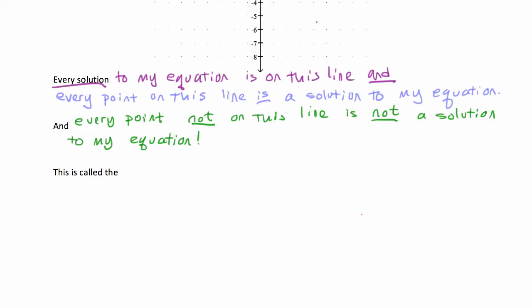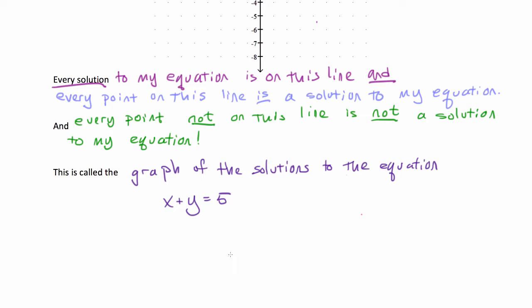So this perfect picture of all these solutions is called the graph of the solutions to the equation x plus y equals 5. And so every time you graph a line, what you're graphing is all of the solutions, all of the ordered pairs that satisfy that line.